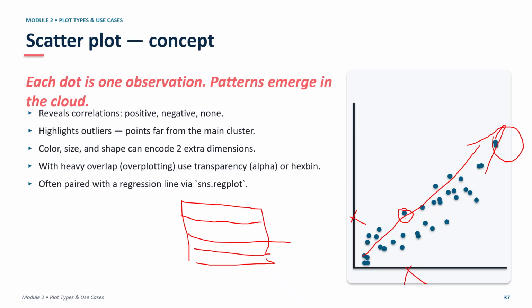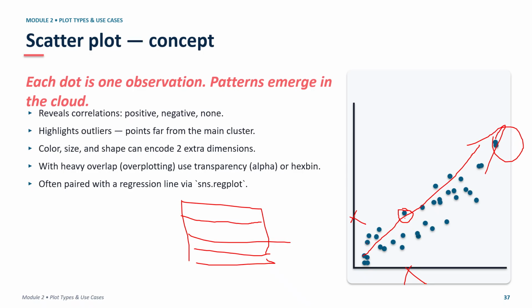An example is the number of hours that students study versus the exam score. It is going to give a positive correlation, right? As the student keeps on studying and the hours increase, he is obviously going to score good marks.